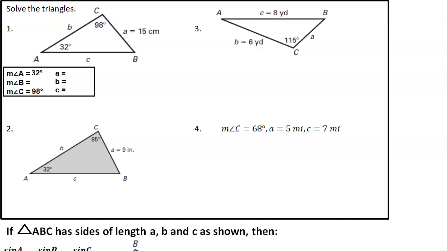Okay, so remember that because it is going to be a thing. All right, so we have 15 centimeters right there. So your job is going to be to figure out the other three pieces to the puzzle. So that means sides B and C, and then angle B.